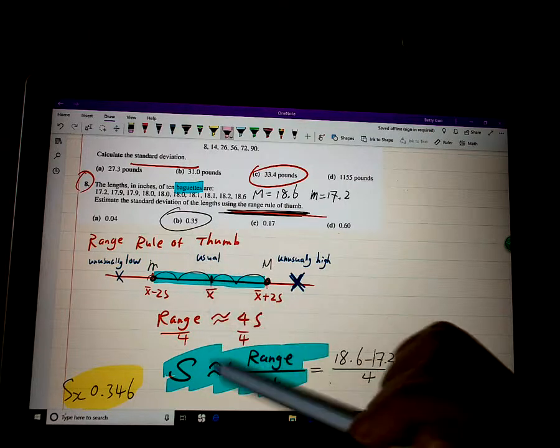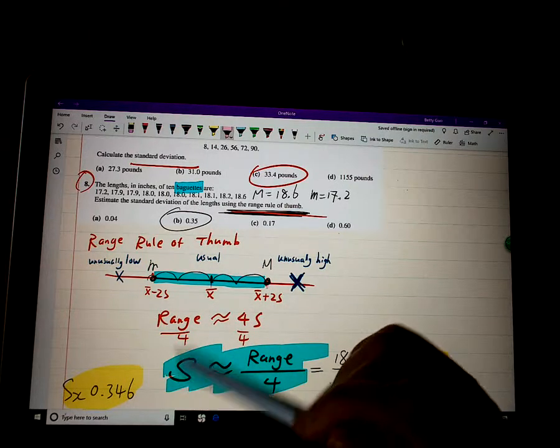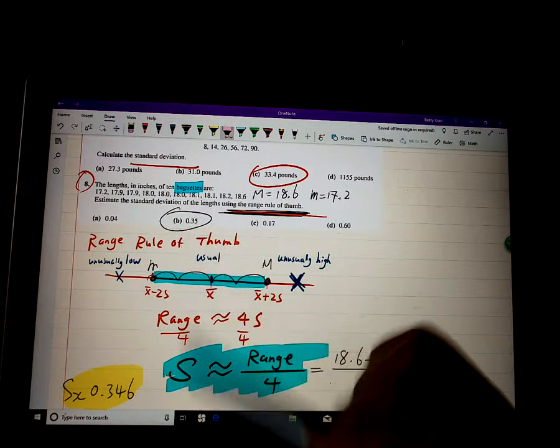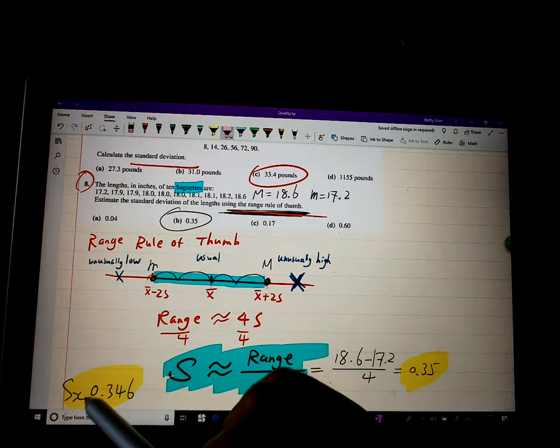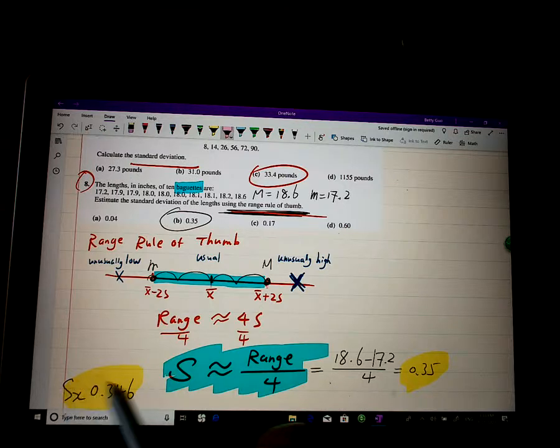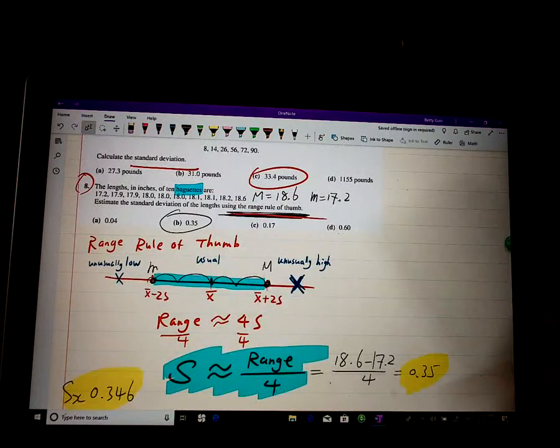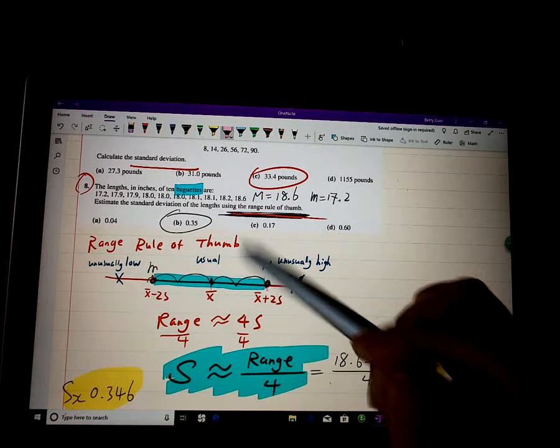By the range rule of thumb, 0.35 could be a good approximation of the standard deviation. If you use your calculator, you would find the actual value of the standard deviation is 0.346. So you can see the approximation is pretty close. That is an application of the range rule of thumb.